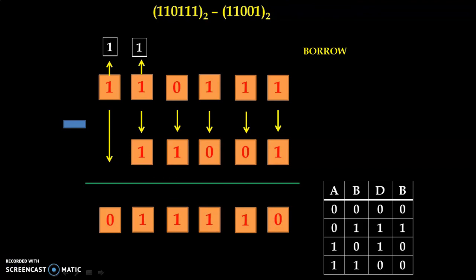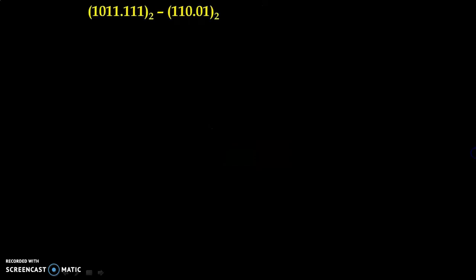Now let us take one mixed number, integer as well as fractional, and see how it can be subtracted. So we are taking one value, that is 1011.111 minus 110.01.